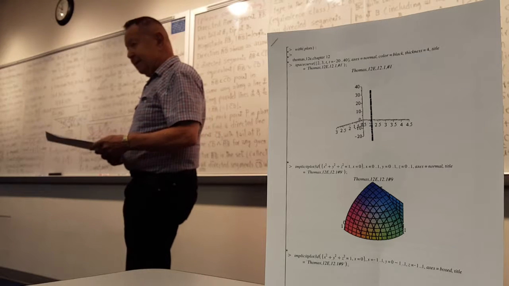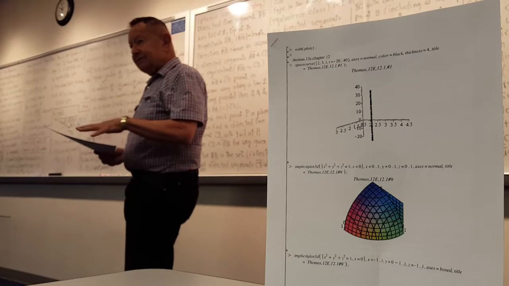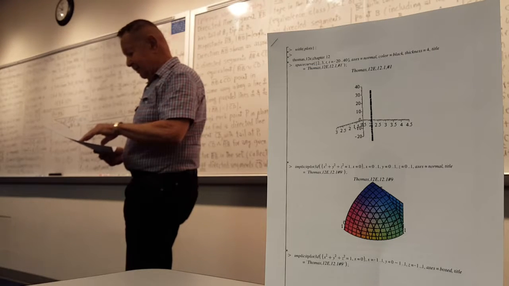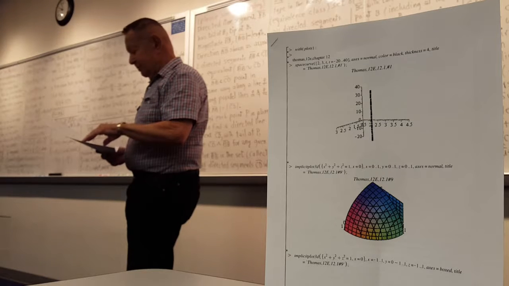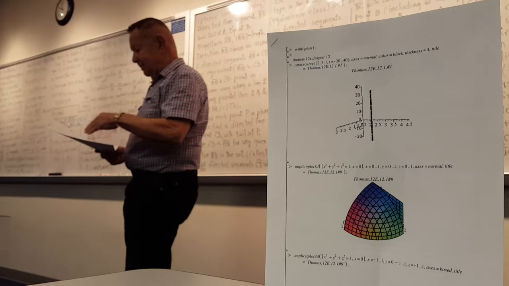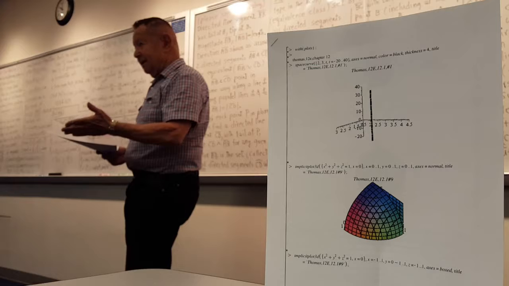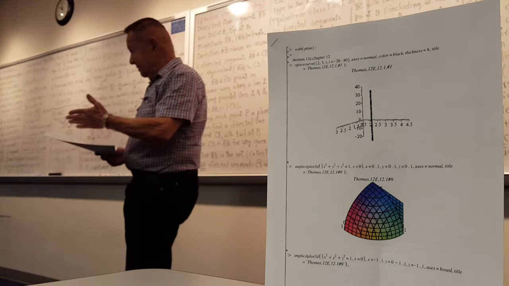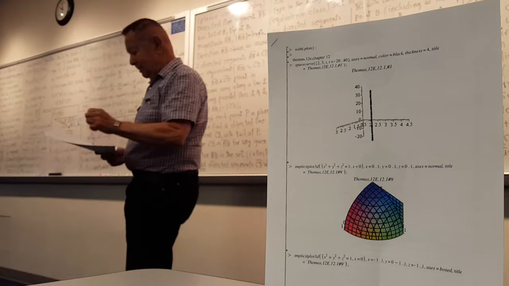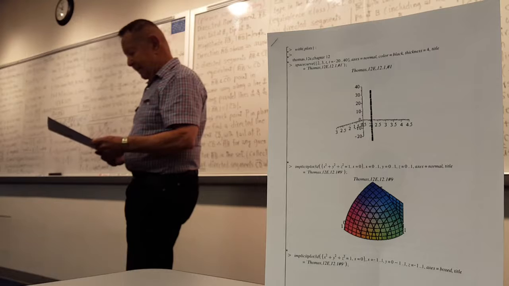Now, by contrast with a surface, they may define the surface as an equation, like the second example. If you use an equation to define your surface, like x squared plus y squared plus z squared is a number, that's a sphere or a portion of a sphere with center at the origin.